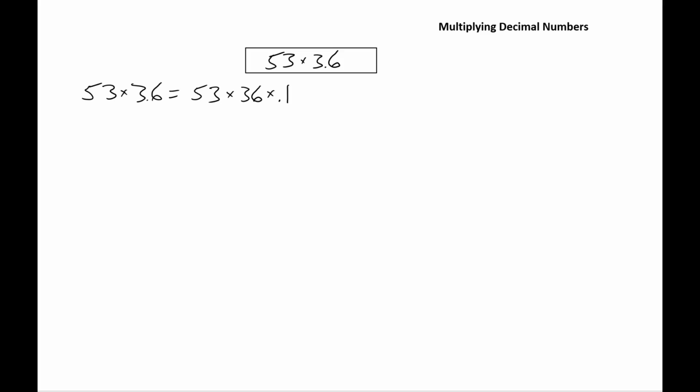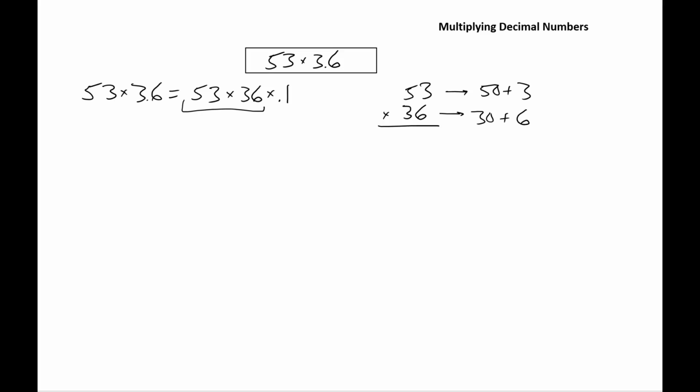So let's do that. 53 times 36, I want to do this part first. I know how to do this multiplication. And remember, 53, we just think of that as 50 plus 3. 36, we think of that as 30 plus 6.